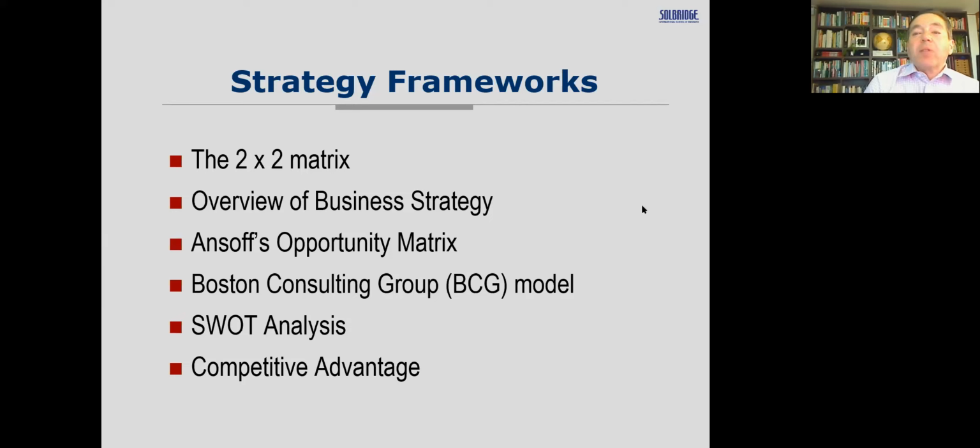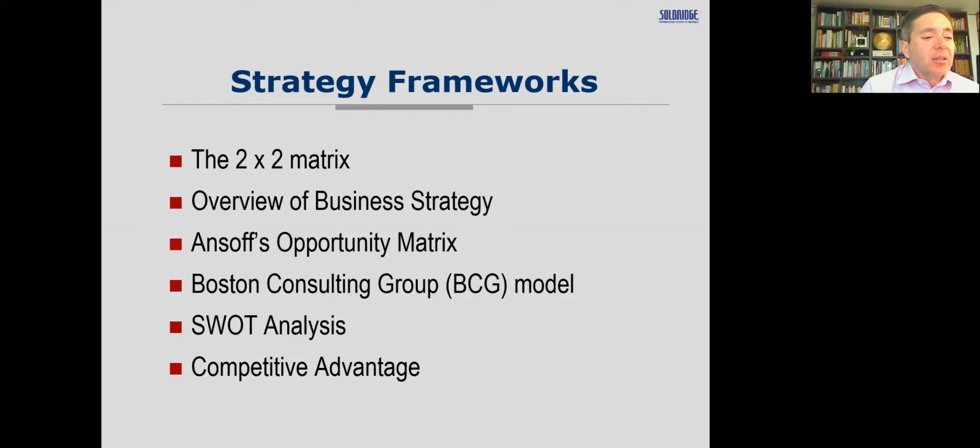Okay, strategy frameworks. So as I mentioned, we have several frameworks for being able to create this distinctive strategy. The first is the 2x2 matrix. Second is we'll just overview business strategy. Then we'll discuss another framework called Ansof's opportunity matrix.